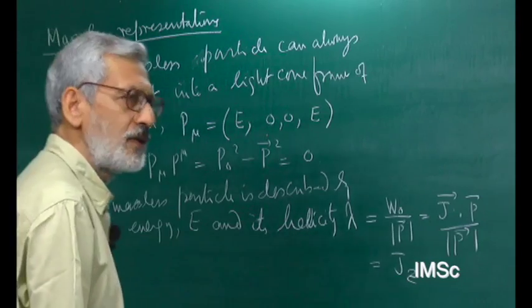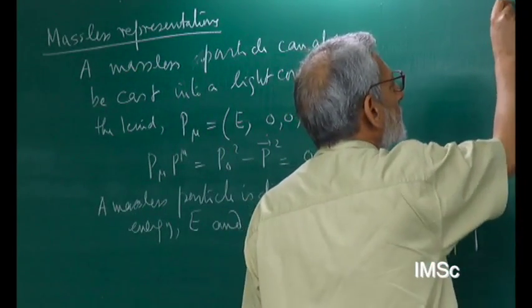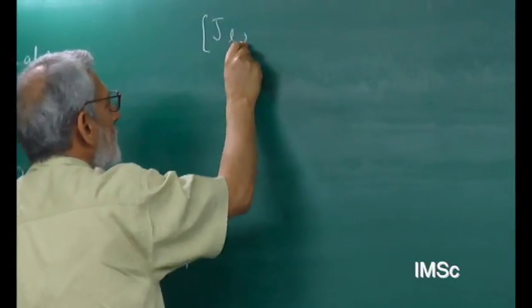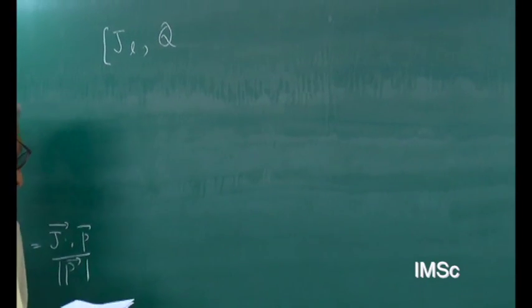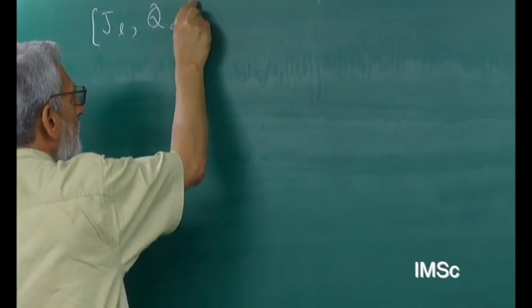I think last time we did this exercise of J_L commutator with the supercharge Q alpha I, which is with a minus sign, right?